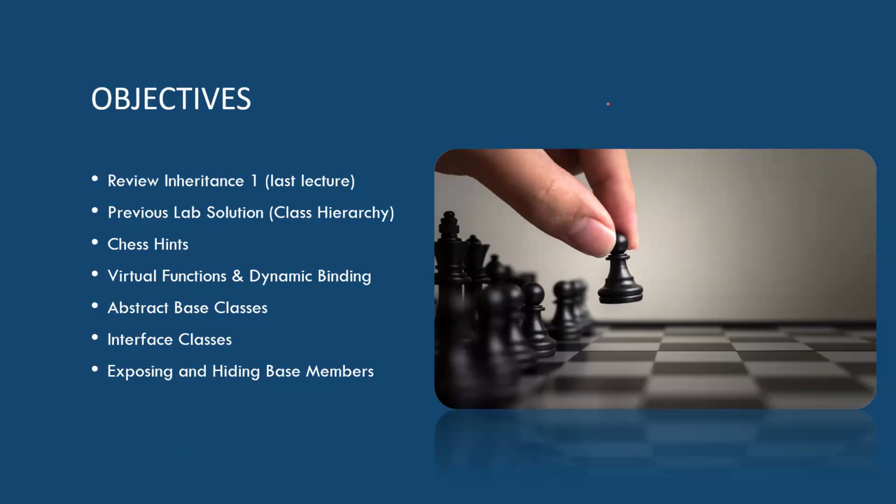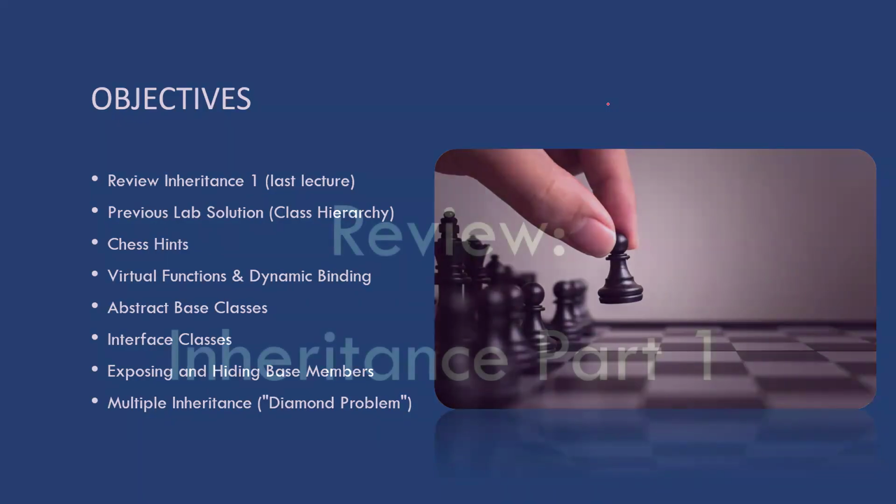So there are some things we can do to change things if we're deriving from a class, which is pretty cool. And then we'll wrap up with this multiple inheritance thing. It's called the diamond problem. It's pretty easy to fix once you understand that it is a problem, but we'll highlight what it is. It's pretty classic, one that gets taught whenever you talk about inheritance and multiple inheritance.